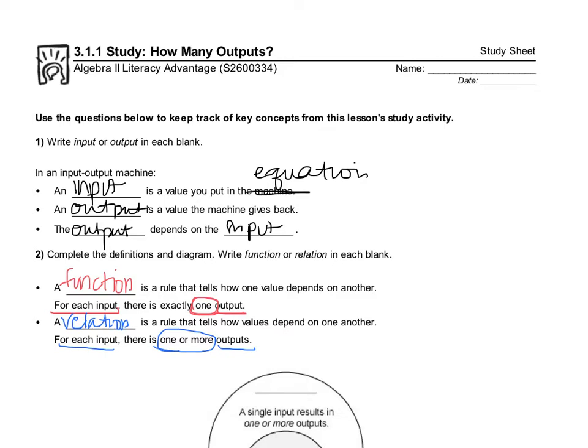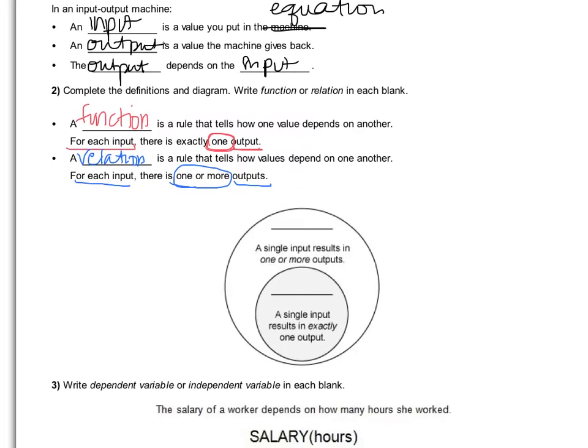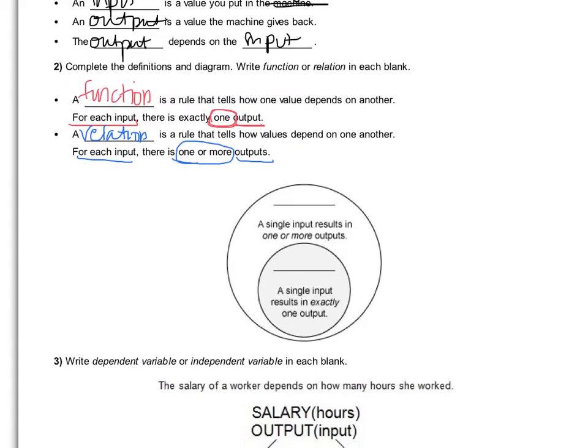If you put the name Matthew in, even on Facebook, you're going to get back thousands upon thousands of Matthews. So that would be considered a relation because you put one thing in and you get back a lot of different things. So every set of points, every table, every mapping, every equation, every graph is considered a relation. Everything is a relation.